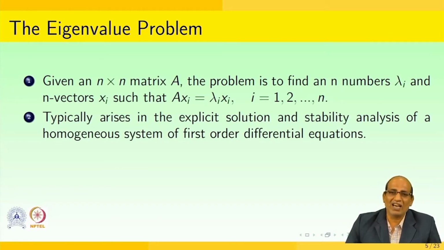Typically this arises in the explicit solution of equations and in stability analysis of homogeneous systems of first order differential equations. Quite often you come across the eigenvalue problem. One example is when you are trying to see the influence of various parameters for a particular physical experiment.